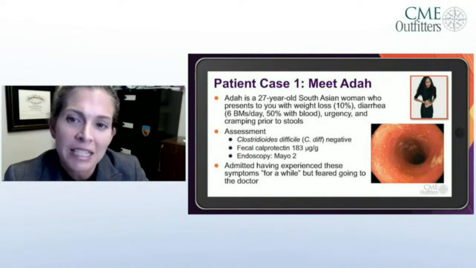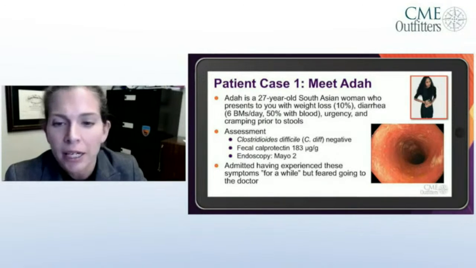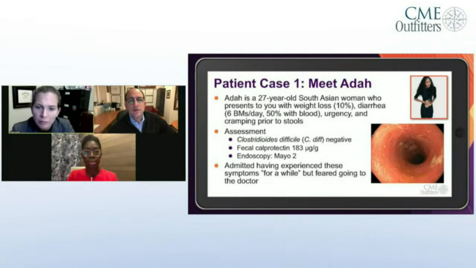Can I dig in and just ask you about this? Sure, go ahead. In your endoscopy reports, do you actually write Mayo scores? I do. The reason I find this incredibly important is that not only can you assess how severe the patient is right now, but it becomes an important yardstick when you're reassessing that patient.